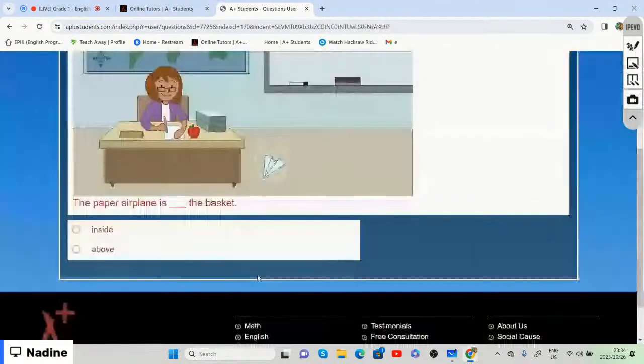Last one. The paper airplane is the basket. Is it inside of the basket or above the basket?